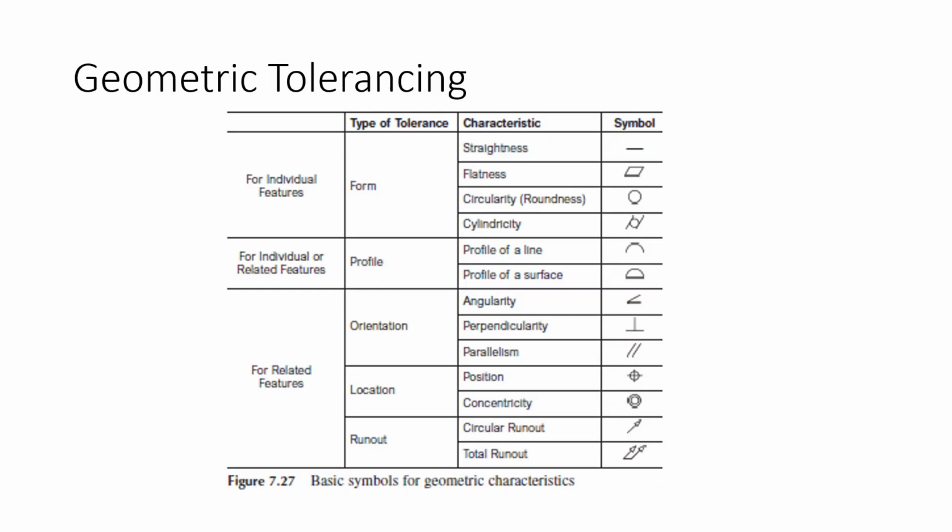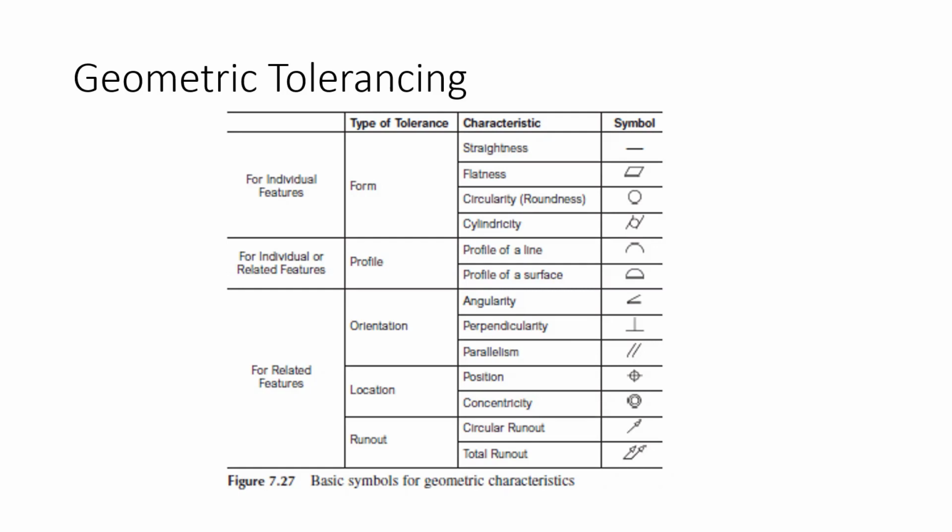The flatness of a surface is just how flat is this surface? The circularity of this shaft or the cylindricity of this shoulder on a shaft, those are only related to themselves. They're individual.